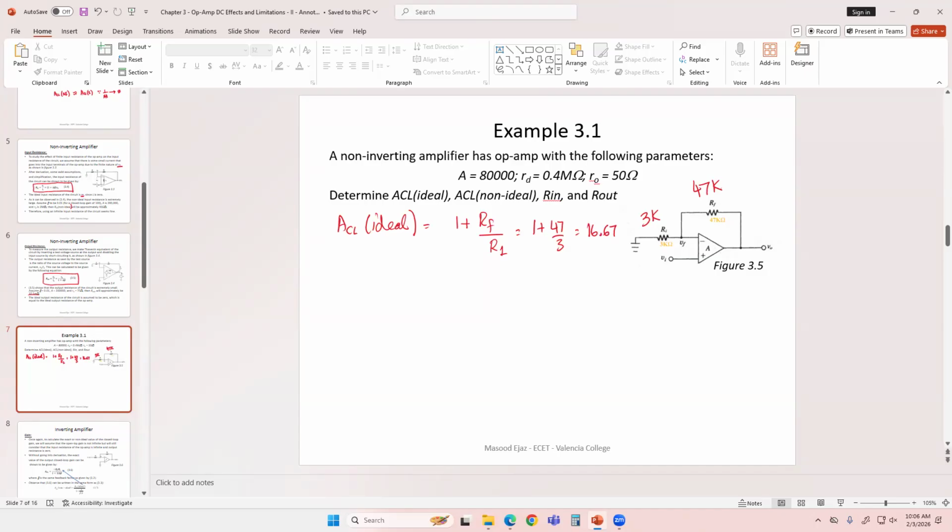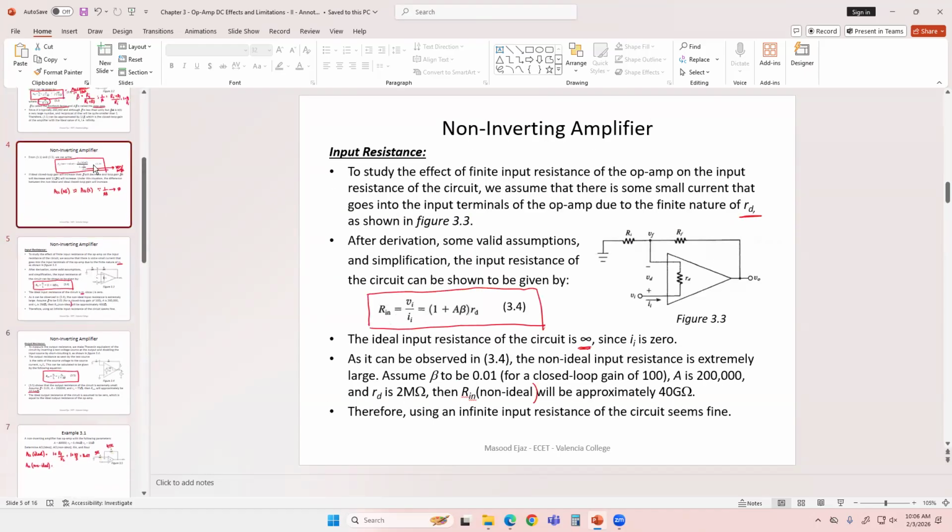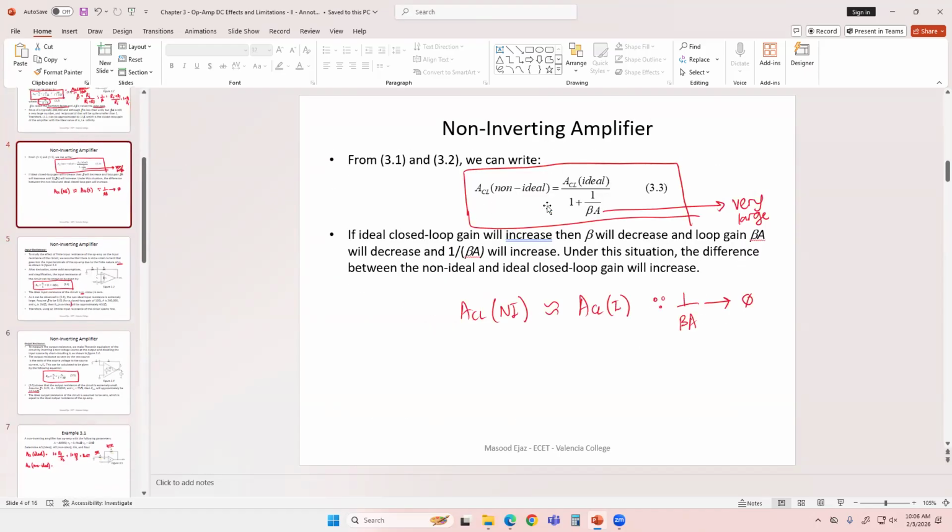Let's look at the non-ideal. That is when you don't consider the ideal parameters. And that expression, I don't remember, right here.